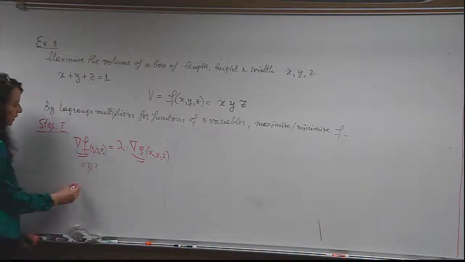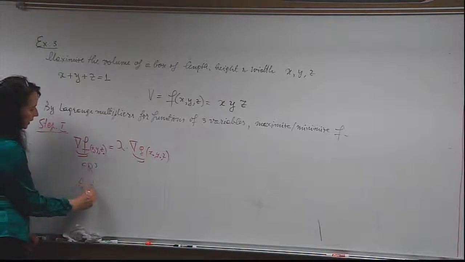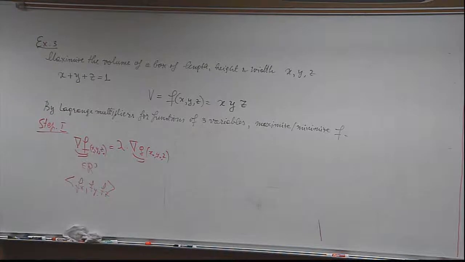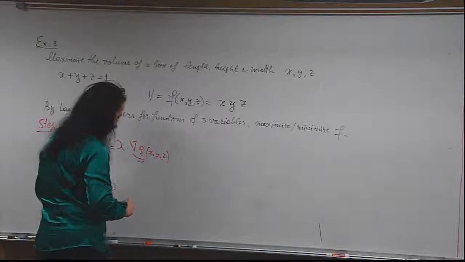Right? There will be f sub x, f sub y, f sub z in angular brackets. So instead of having just 2 equations in the system, you're going to have 3 equations. That's the only big difference. Not a big deal.